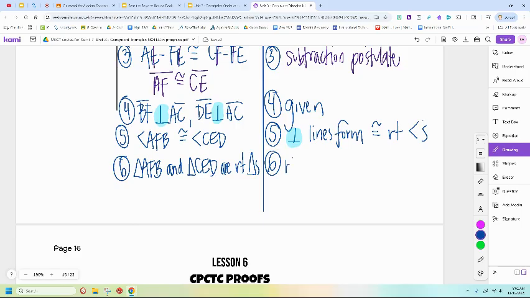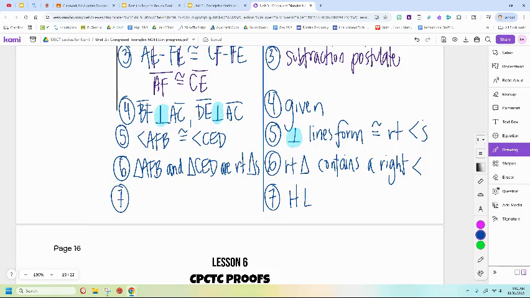And that's because a right triangle contains a right angle. And then you are ready to say HL and conclude this proof. Triangle AFB is congruent to triangle CED.